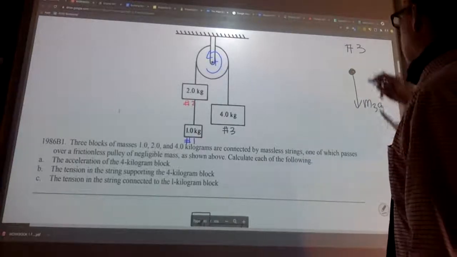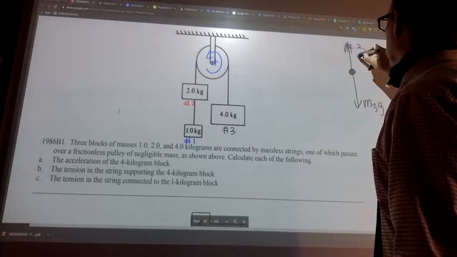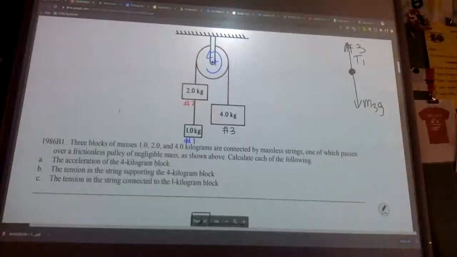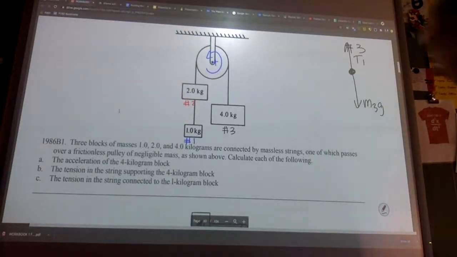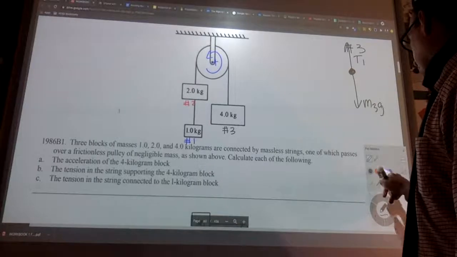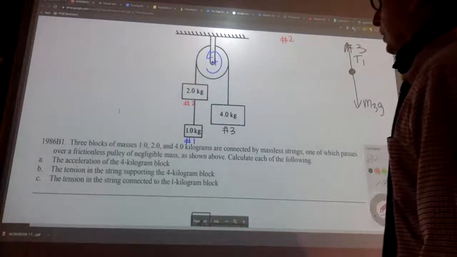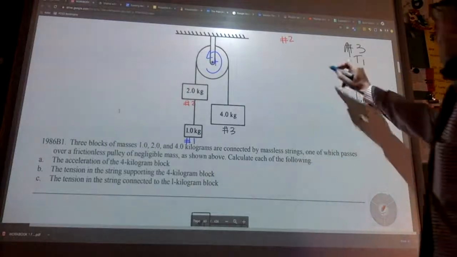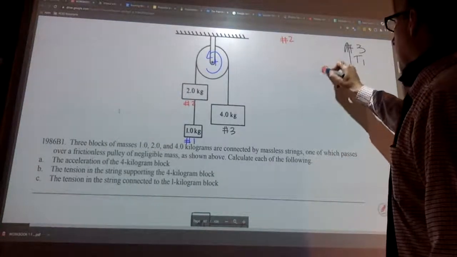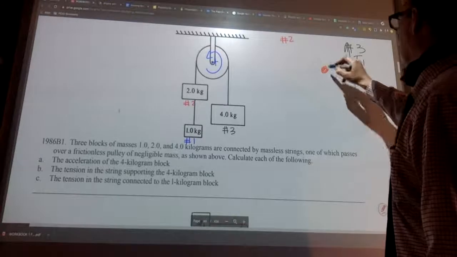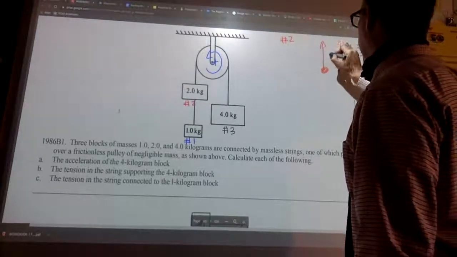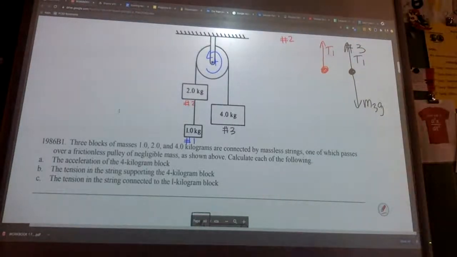It has its weight going down, and it would have T1 going up. I'm going to change colors to red. Look at number 2. It would have T1 going up, which is the same length. We're taking it to be an ideal pulley still.